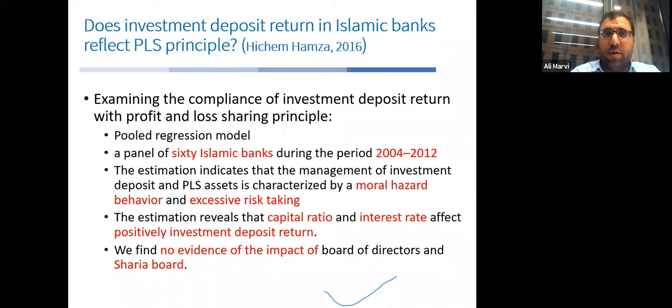So that's another empirical paper. Hisham Hamza has this paper in 2016 whose title is Does Investment Deposit Return in Islamic Banks Reflect PLS Principle?